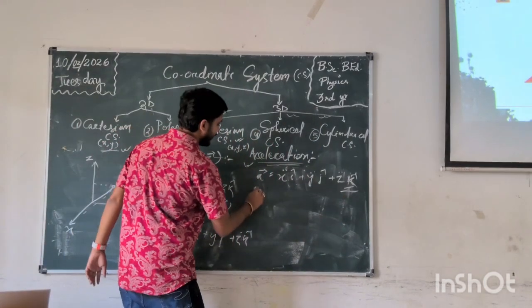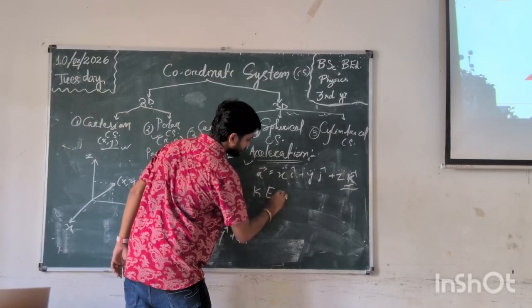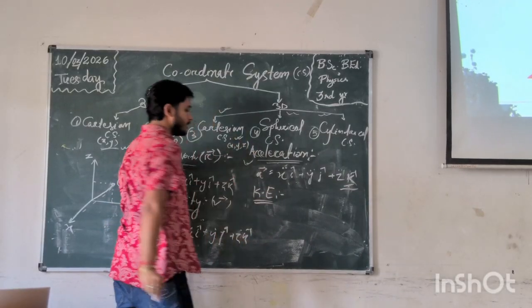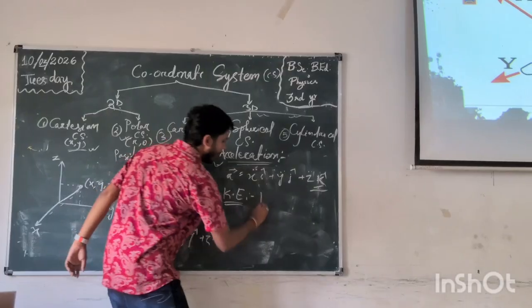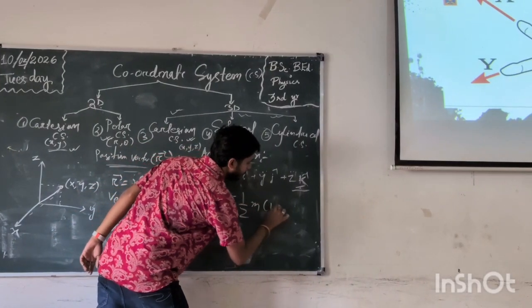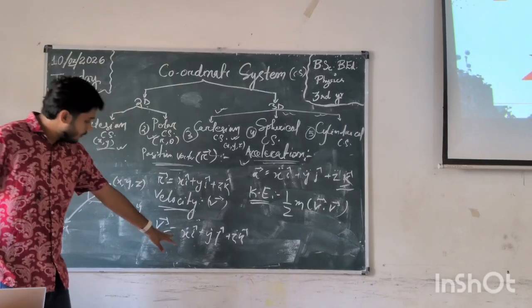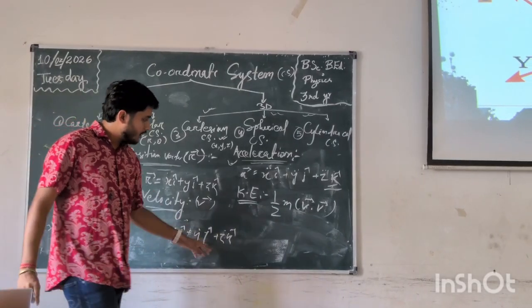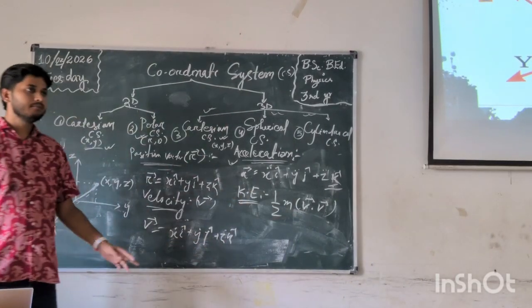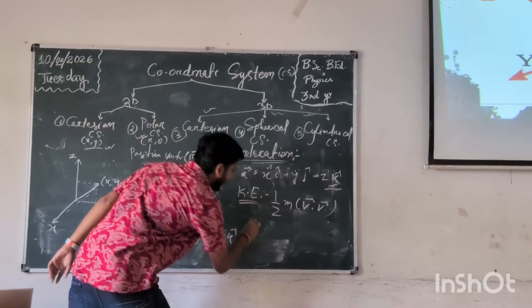And last is our kinetic energy. So what is the expression for kinetic energy? As you know, half m v square. So v dot v: if we take the dot product of this expression, what will we get as the final expression?